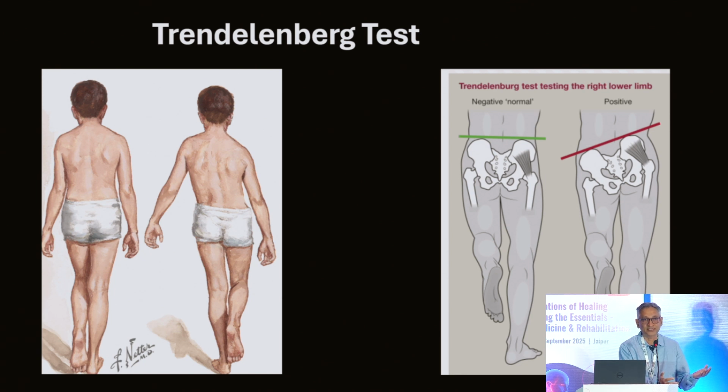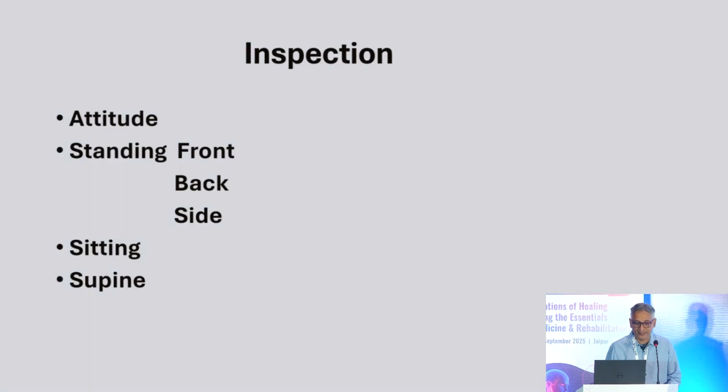Then what happens? On the normal side, he will give more pressure on the hand. Okay, then he will fall down. So that is the assisted Trendelenburg test, if the patient is not able to stand for 30 seconds. So for the Trendelenburg test, you will be asked in the exam how to do it.